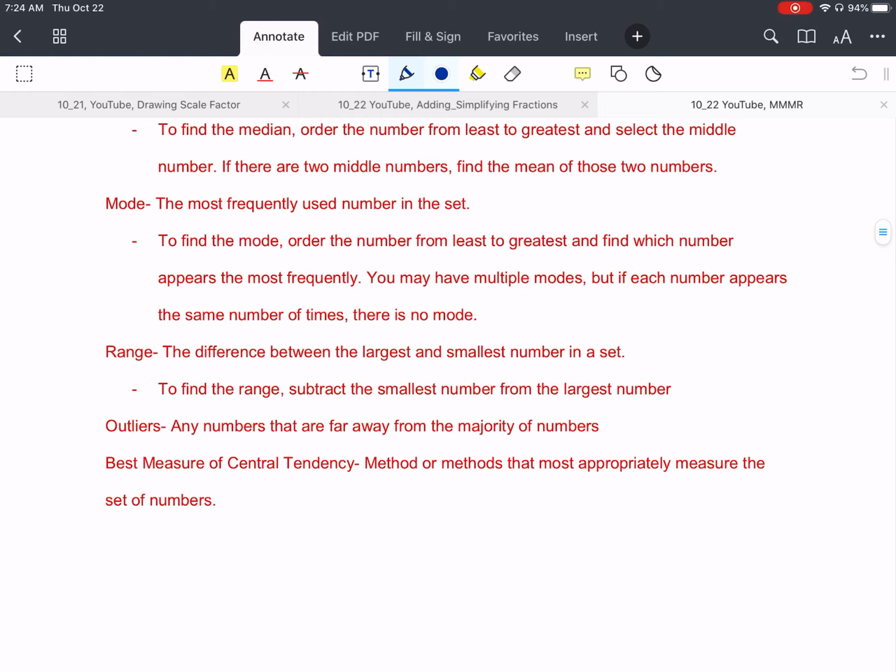That concept is a little complicated if you're trying to learn this from YouTube. So my advice is to use the median the most. If you use the median for your best measure of central tendency, that will work 95% of the time, including on your homework today.